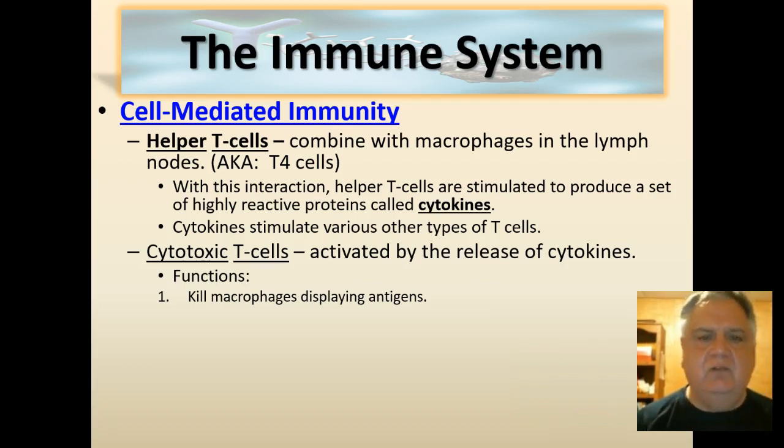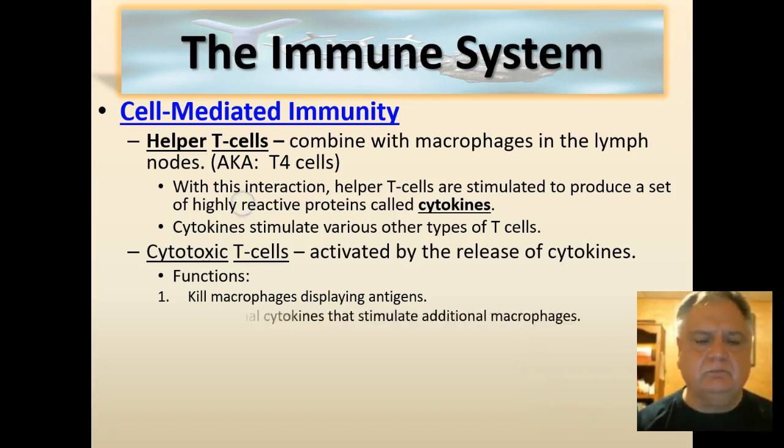should say. So the antigen-presenting cell has come in, it's engaged, the helper T cell is activated, the helper T cell produces the cytokines, differentiates into a cytotoxic T cell, and the cytotoxic T cell now will kill the macrophage that's displaying the antigens, or the antigen-presenting cell.